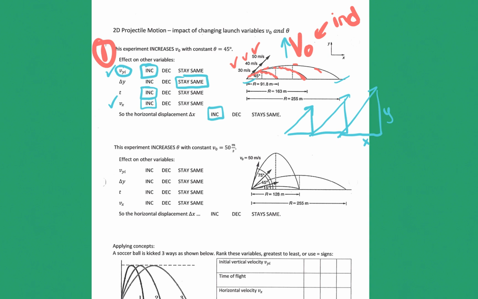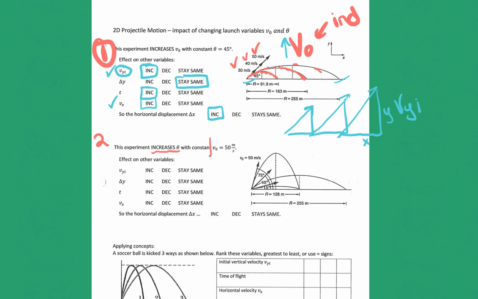And the time would increase because the Vy initial would be larger and larger, and that means it takes more time to get to the top because gravity can only slow it down at a certain rate, and therefore it would take more time to get back down. So the larger the Vy initial, the more time to get up, the more time to get down, so a total overall increase.